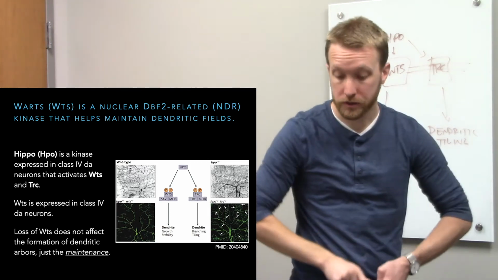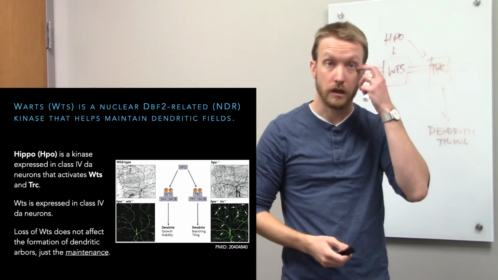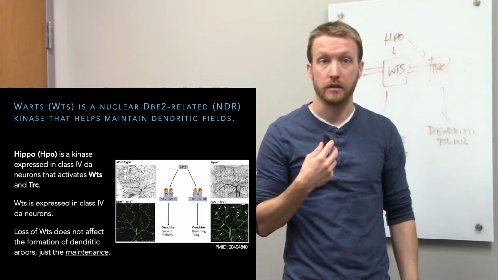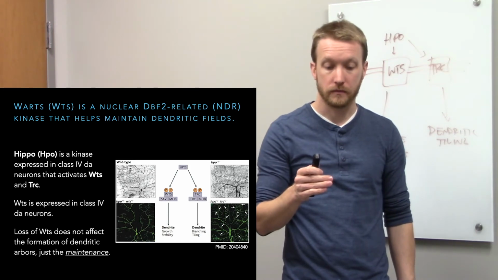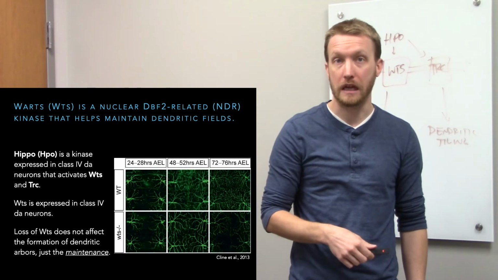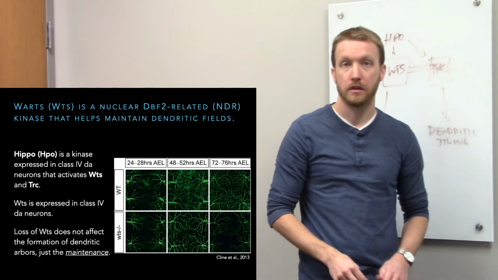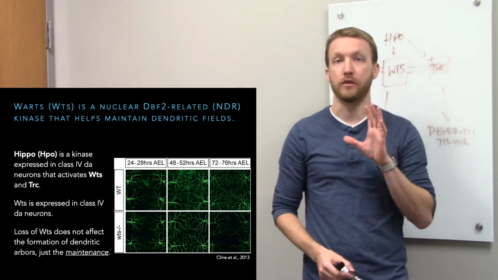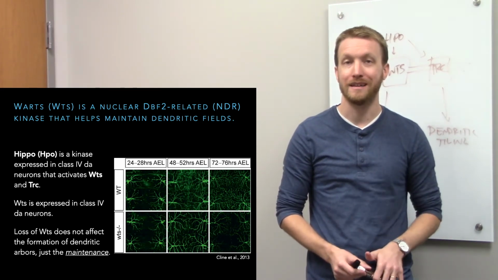But if you were to impair the function of warts by either knocking it out or knocking out SALVADOR, its adaptor protein, you lose the ability to maintain your dendrites. So wild type is shown on top. Here you can see the formation of those dendritic tiles over about 3 days.